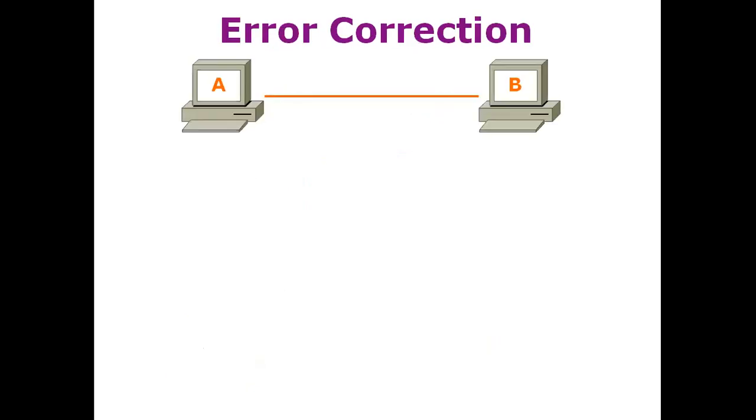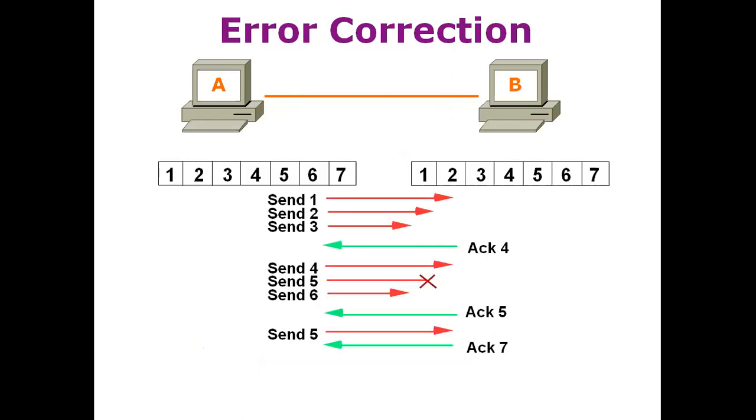Now, error correction. In this scenario, system A will send 3 packets to system B. System B is sending ACK with acknowledgement 4. Again, system A is sending 3 packets to system B, 4, 5, 6.